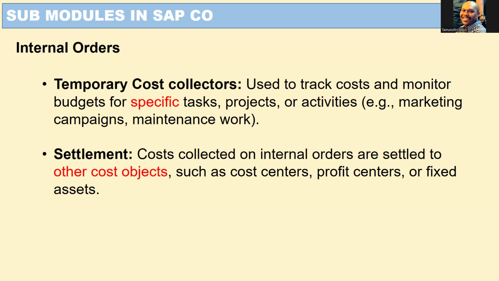Costs collected on internal orders are settled to other cost objects such as cost centers, profit centers, or fixed assets. So whatever cost has been incurred, of course, there is the settlement part that the internal orders cater for. On the next slide, we are going to just see what an internal order looks like.